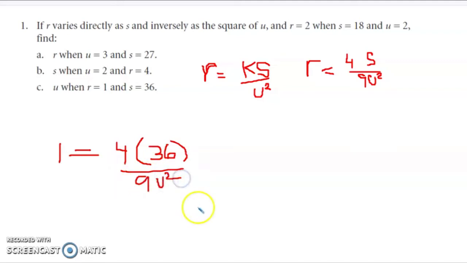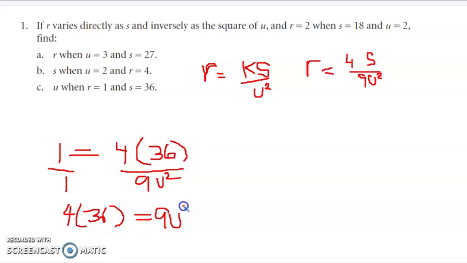Since we are solving for U, this will be cross multiplication, so that will still be the same. 4 times 36 is equal to 9U squared. I'll be dividing both sides by 9 so that would be 1. So the right side will be U.